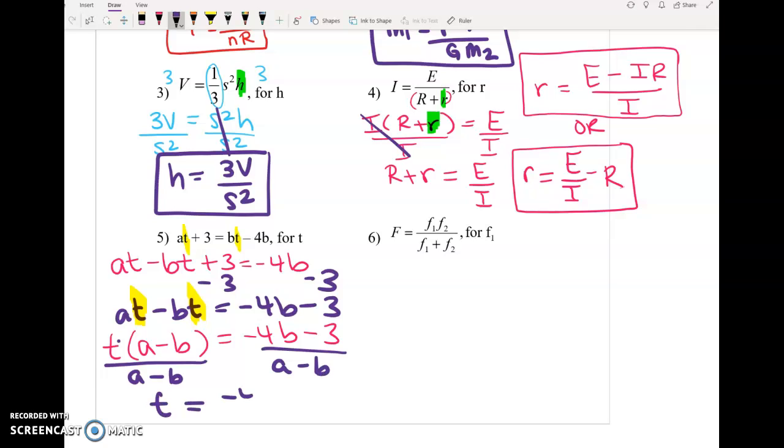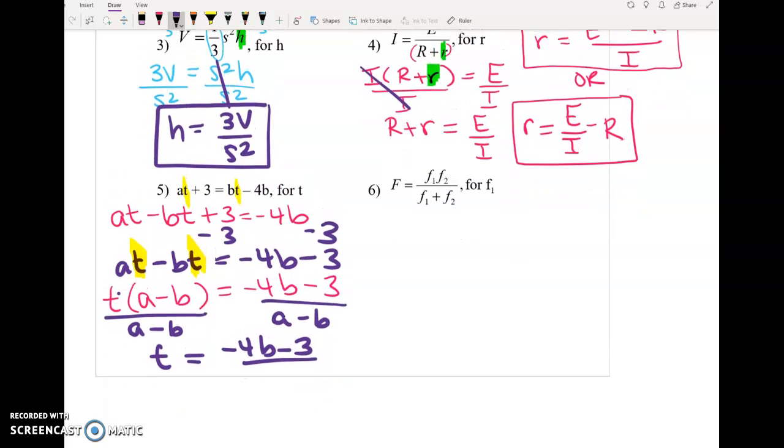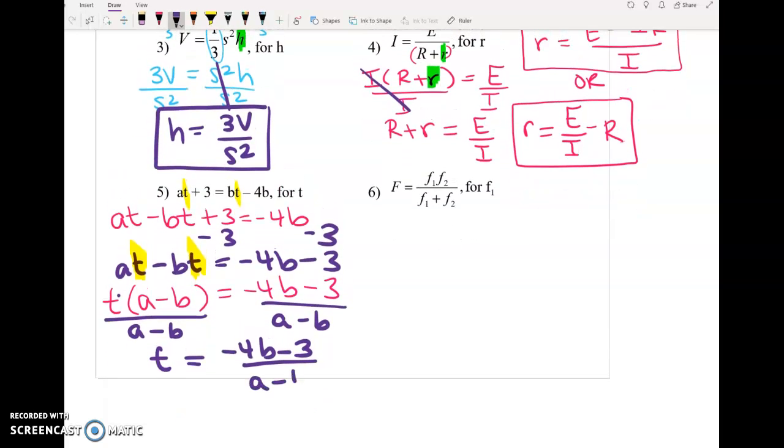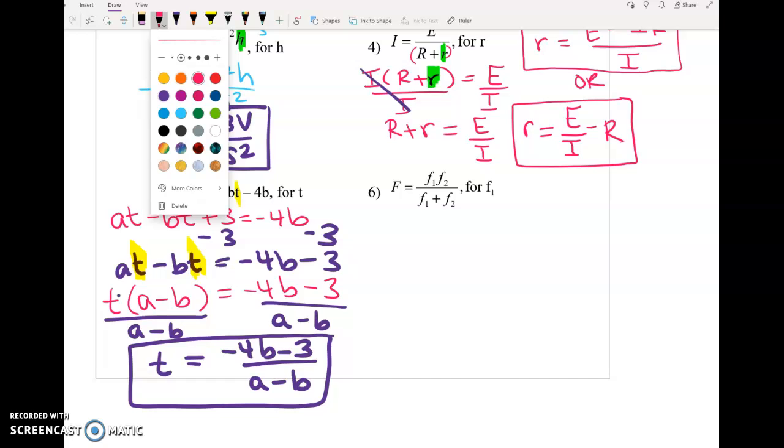So t equals negative 4b minus 3 over a minus b. And that is the final answer. Remember, it doesn't matter how ugly the one side gets as long as we isolate the variable that we are looking for.